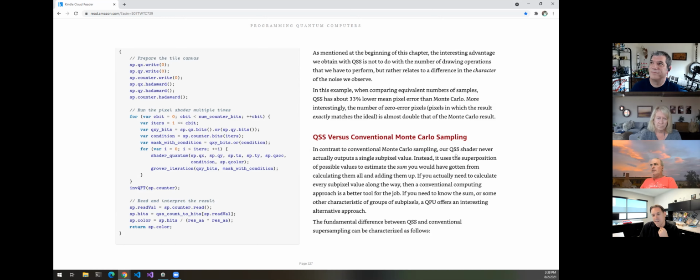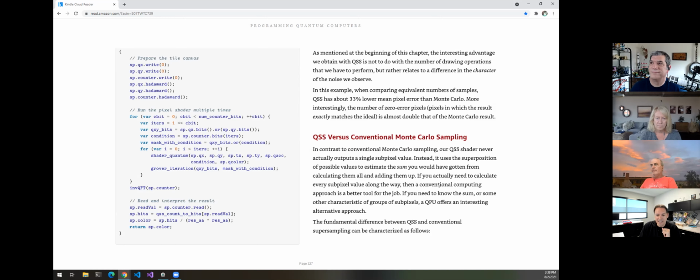Whereas with QSS, you literally are saying, let me do an amplitude amplification across all 16 pixels, and then let me do a QFT to get the sum, or what we think the sum would be, for that whole grid. You literally are sampling all 16 at the same time. So that's interesting. And we're only grabbing the sum because we're not reading every single one, right? We're using the QFT to pick out the ones that we may want to care about.